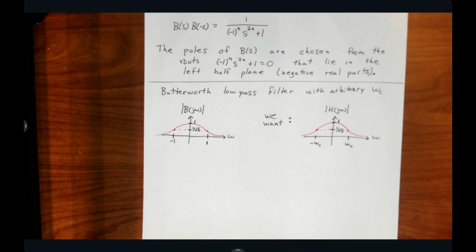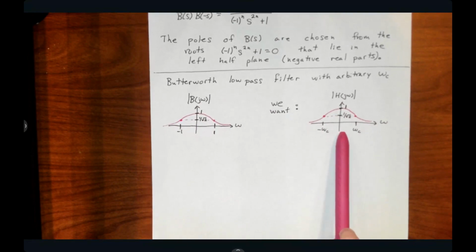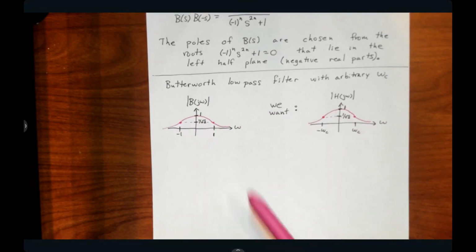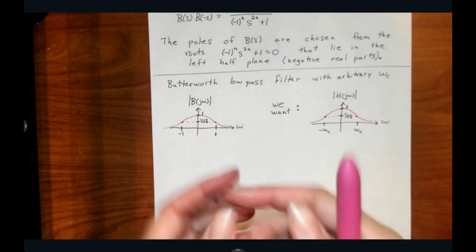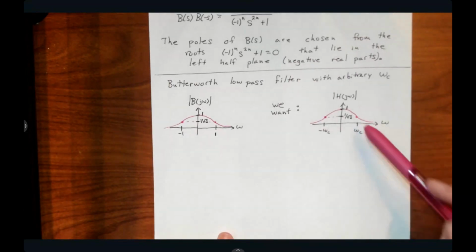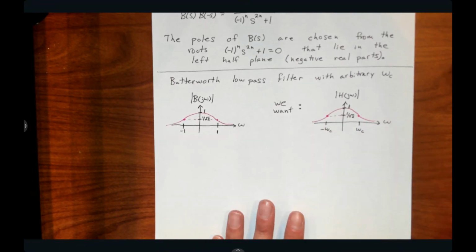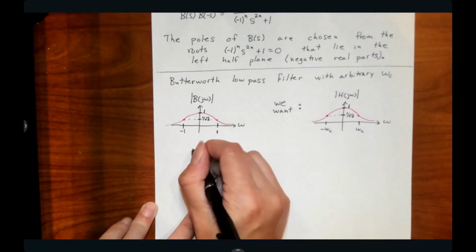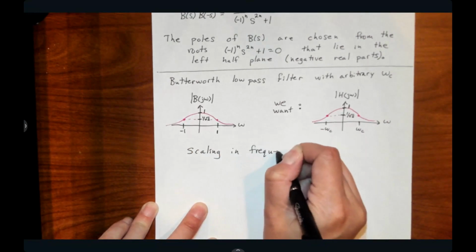So what we can tell by looking at this is that this one is the same exact Butterworth that we had, except we've scaled the frequency. If omega c is less than 1, then all we need to do is squeeze this to get the right omega c. If it's larger, then we expand it appropriately. The shape is the same, it's just the scaling that's different. So what we're using is scaling in the frequency domain.